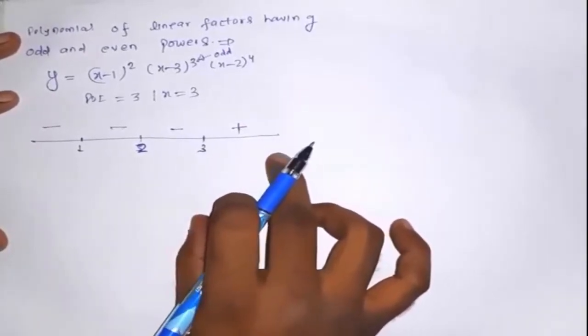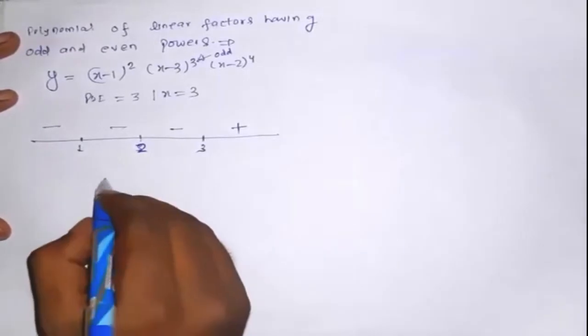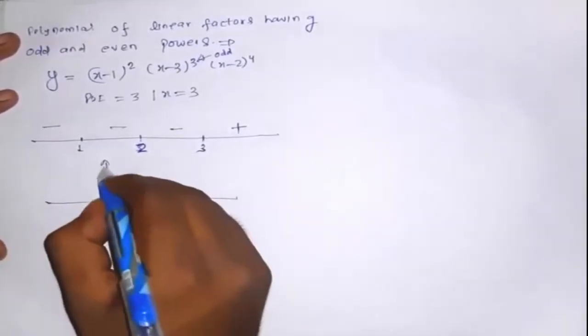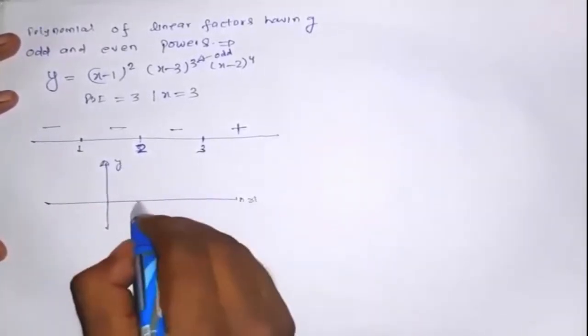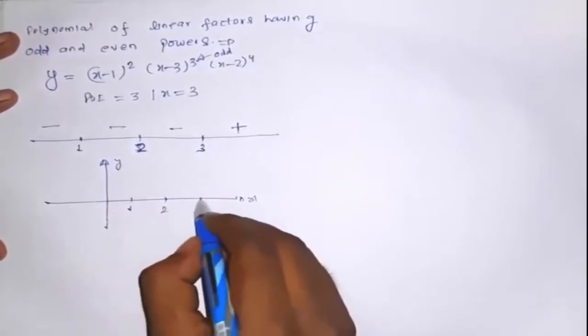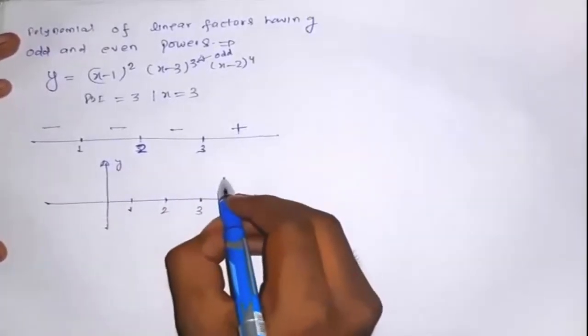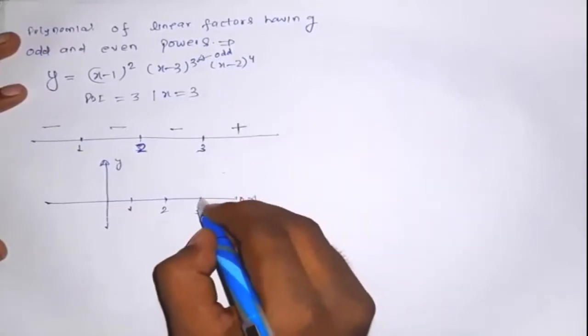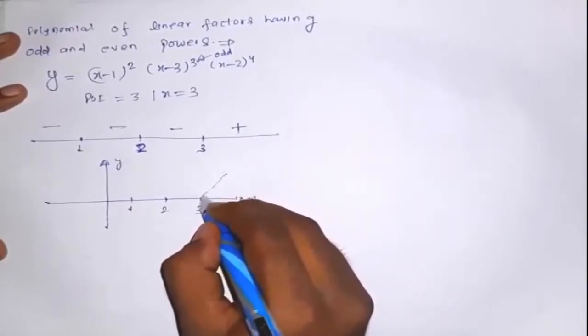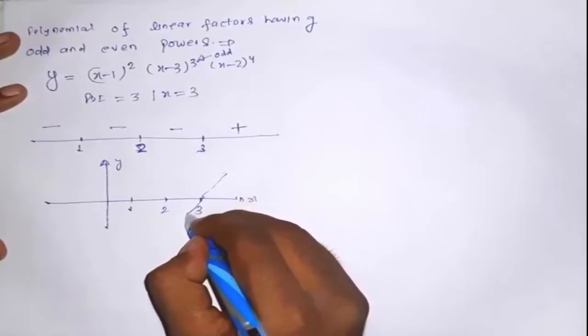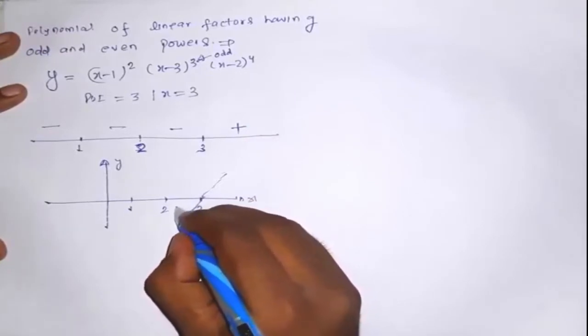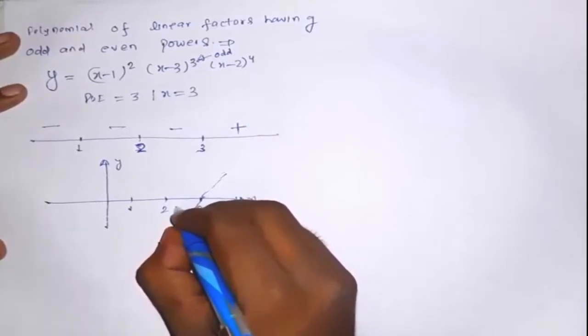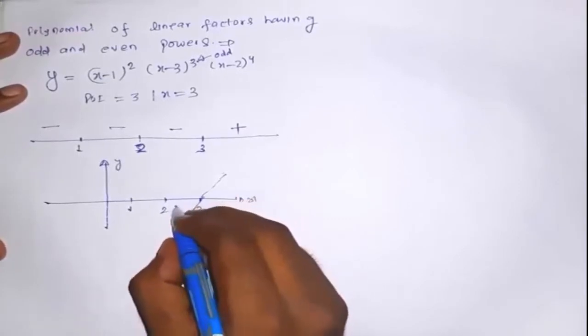About point 3 only, the function will change its sign, and for all the values of x, this will be negative. So for this portion the function value will be negative, and for this portion the function value will be positive. So now we will draw the graph.